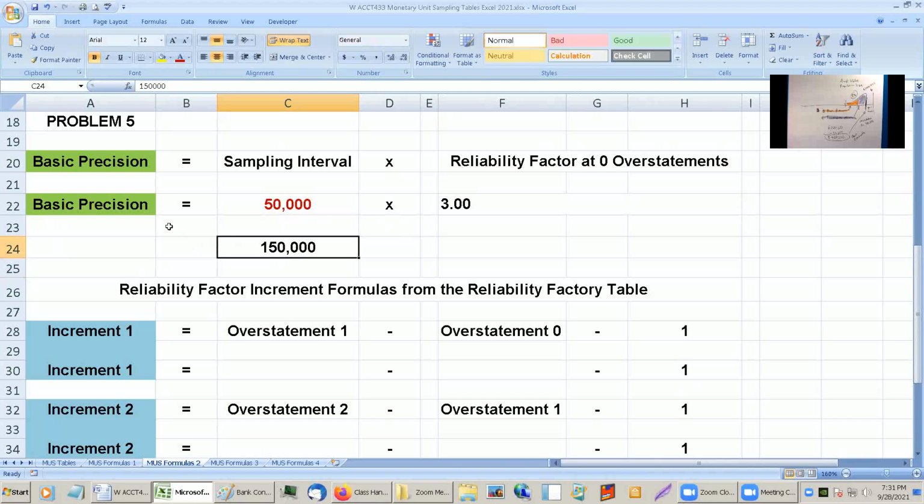Okay, so this is what our basic precision is.